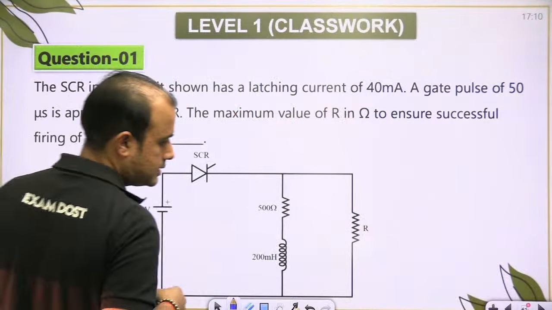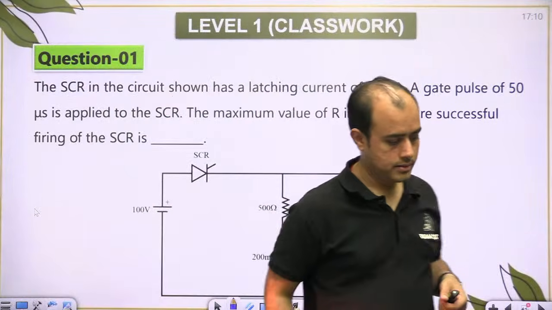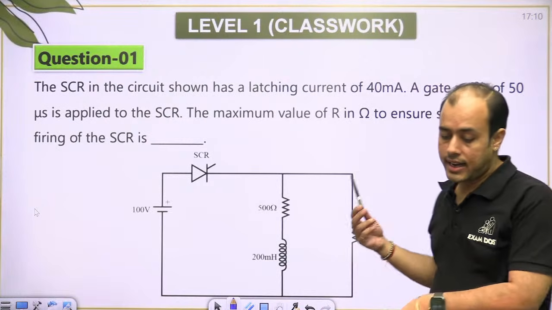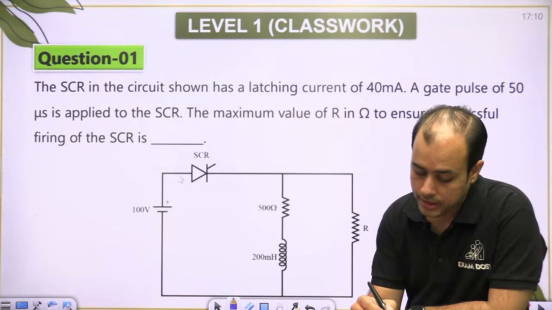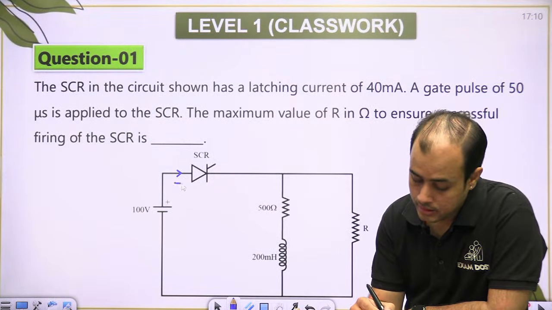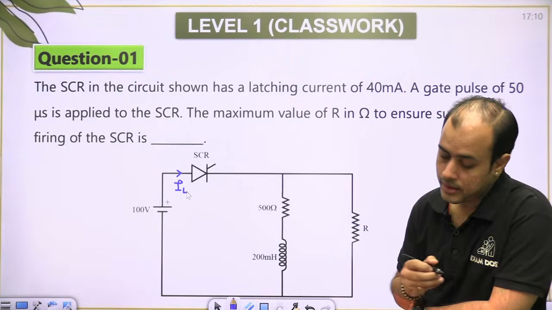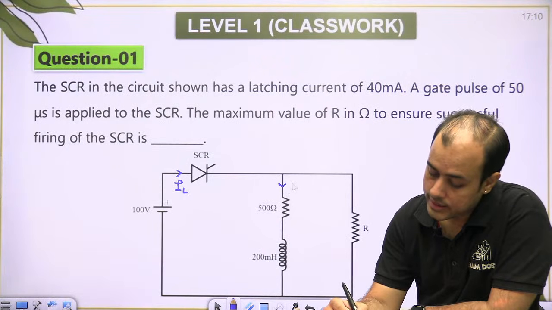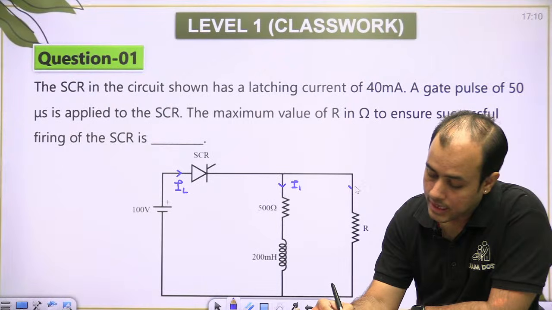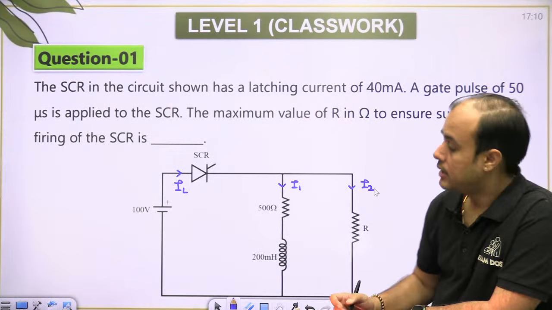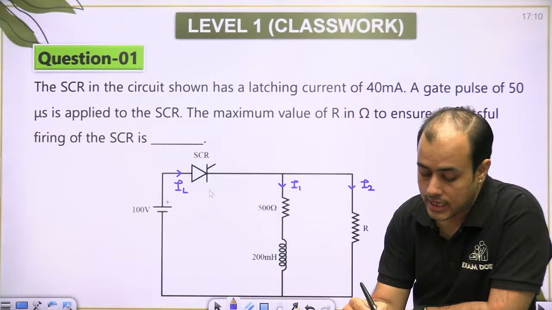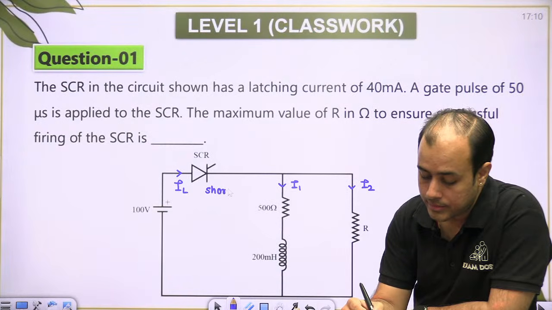Did you get the answer? See, SCR has a latching current of 40 milliampere. SCR current is composed of two parts, I1 and I2. Assume the SCR to be short circuit.